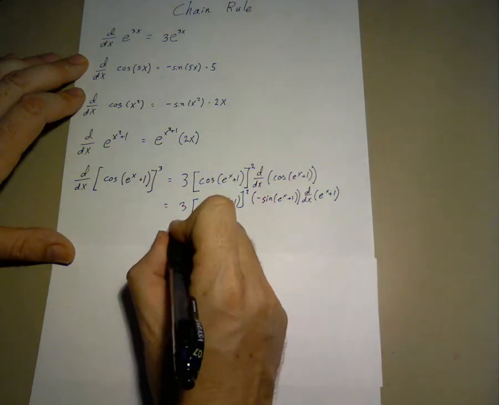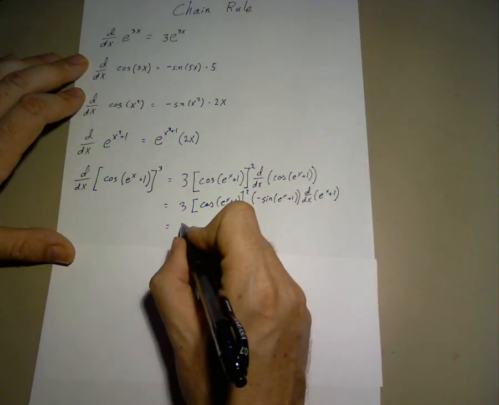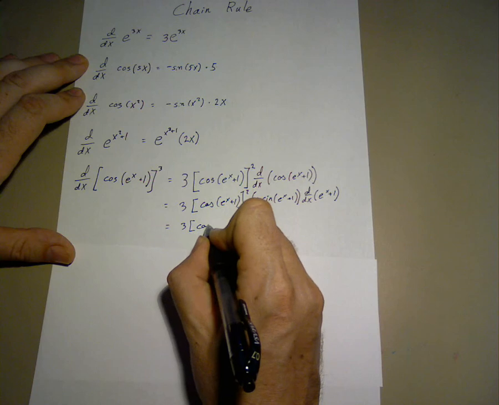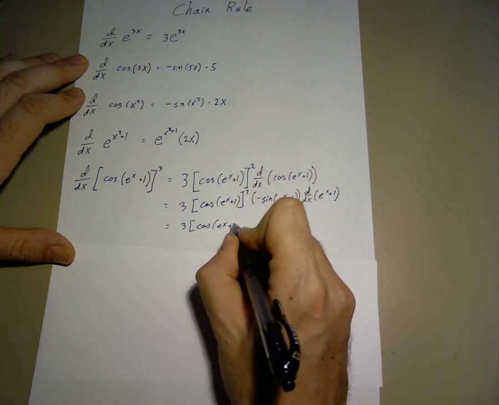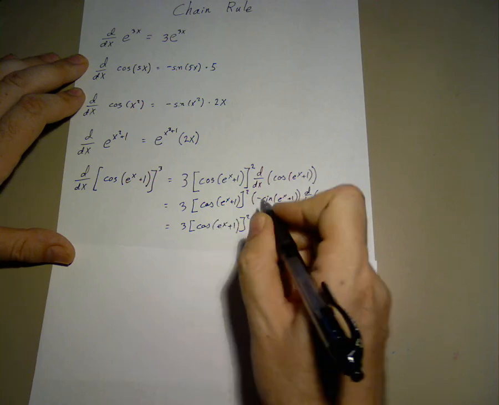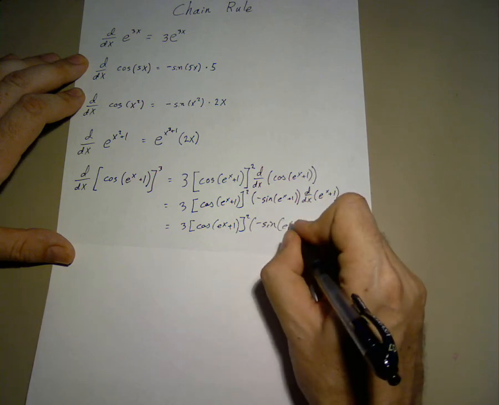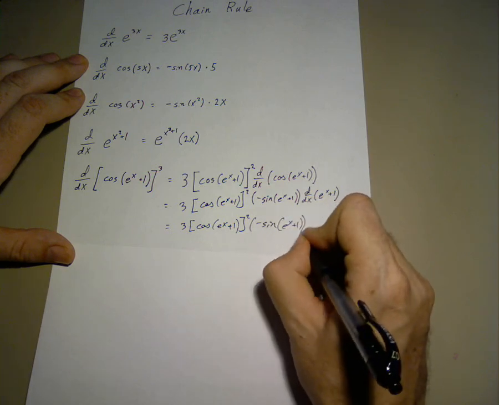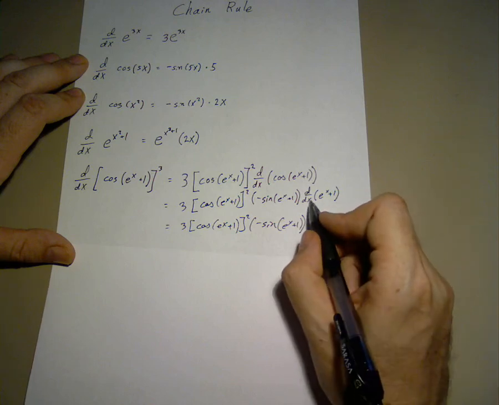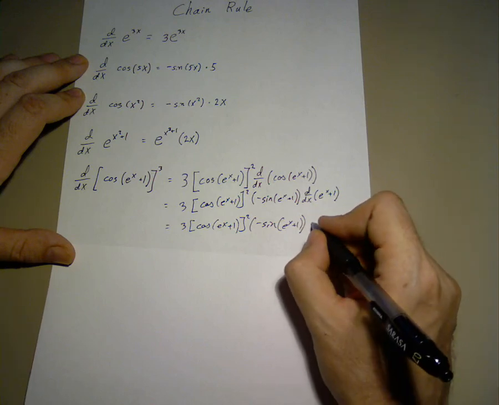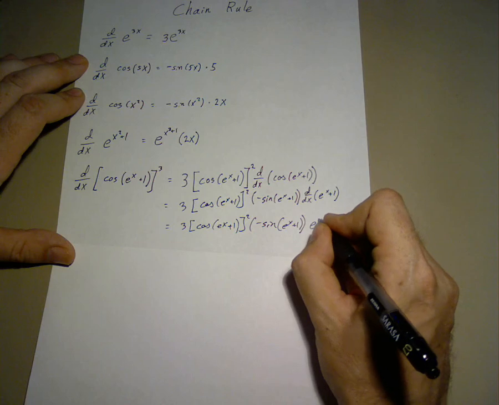Repeating this, we get 3 cosine. The derivative of e to the x plus 1 is simply e to the x.